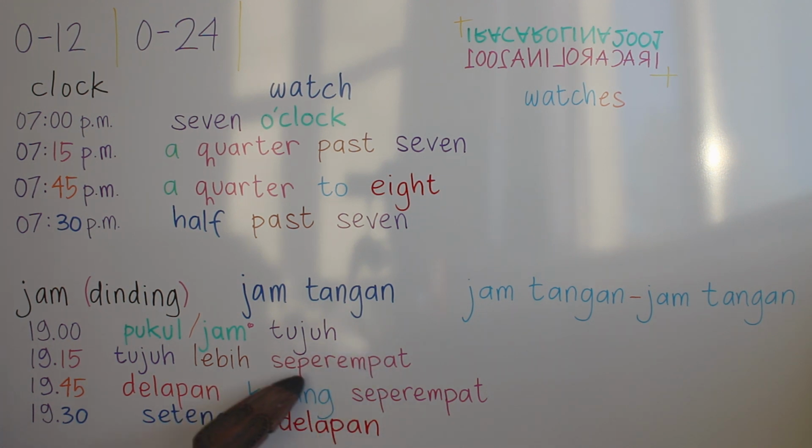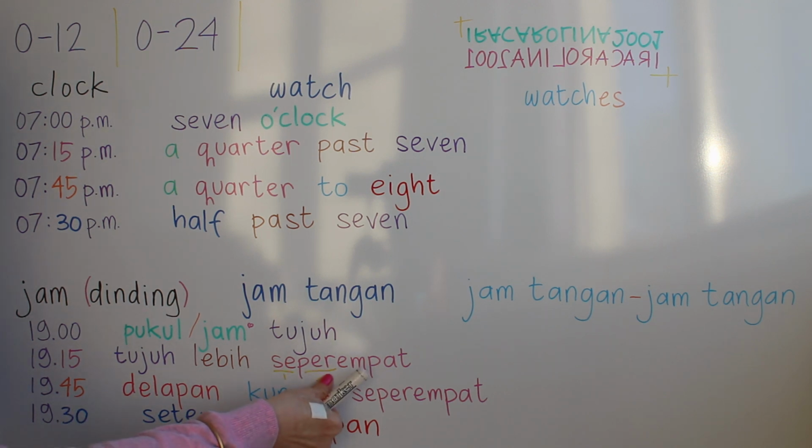And a quarter in Indonesia is seperempat. I will write it here with yellow so it's not so obvious. Se is prefix. It means a or one. Per, in this case, is per in English.